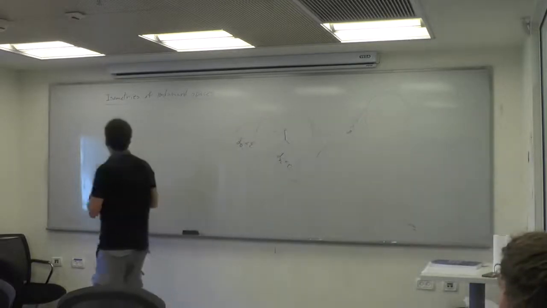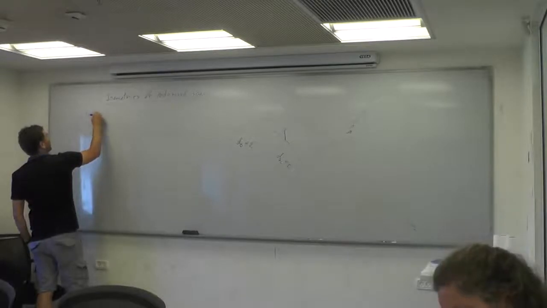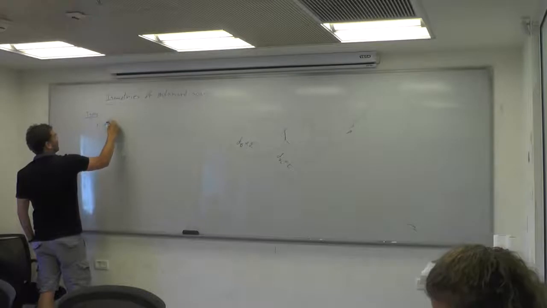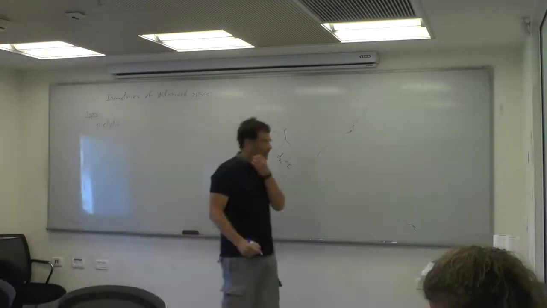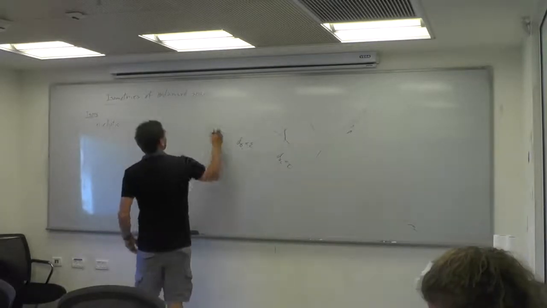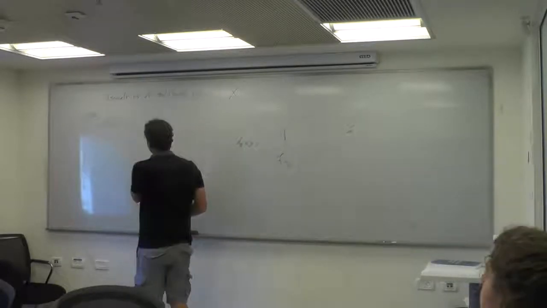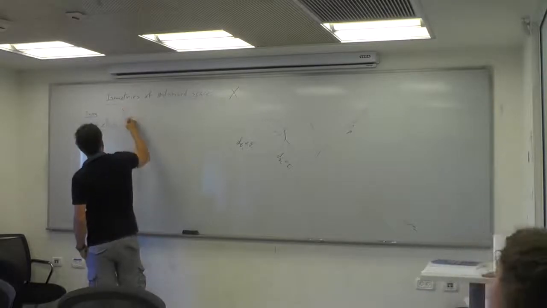We have four types of isometries. One is elliptic. So X will be the Hadamard space, and we have an isometry gamma.